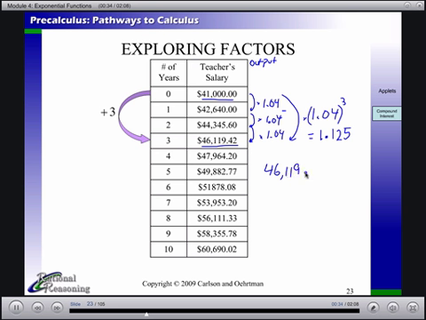I take this and I do minus this. Times it by a third. Any other suggestions? How do you get the number that you would multiply 41,000 by to get 46,119.42?